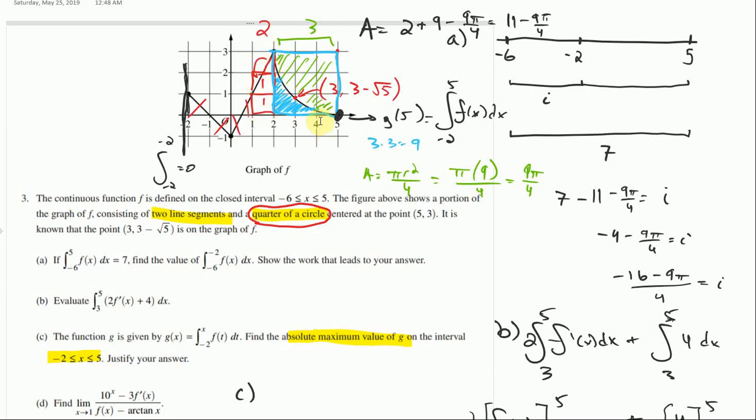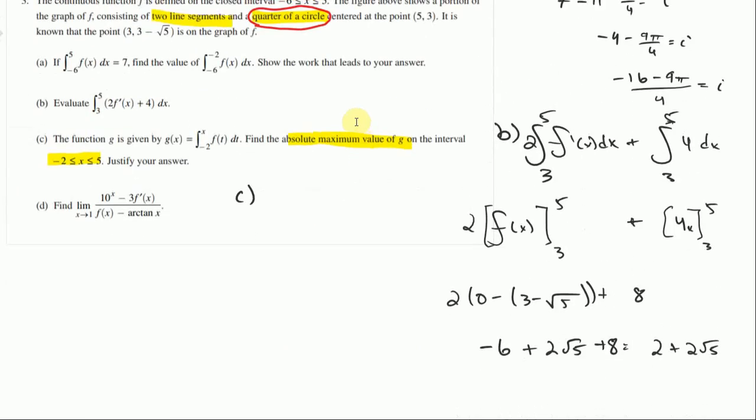Over here, we've got another bit of area, which is going to be 11 minus 9 pi over 4. And then over here, this looks like this is going to be the maximum. And I think you could justify that in another way, but in reality, just look at the graph.